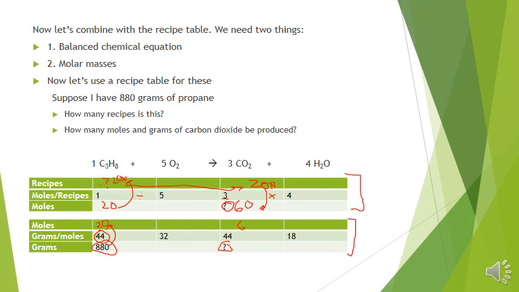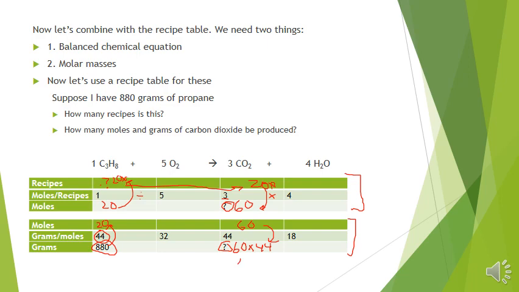Okay. All right, bring that number down here. So I have 60 moles, and each mole weighs 44. So the grams of carbon dioxide are going to be 44, 60 times.